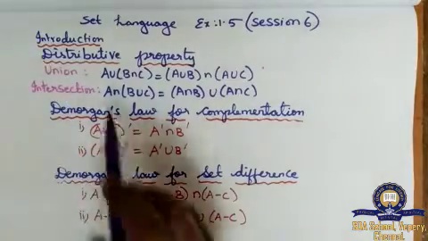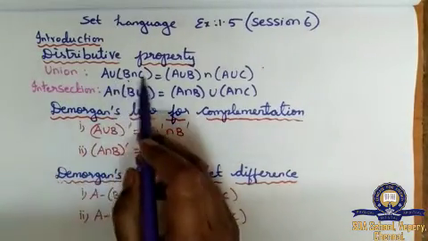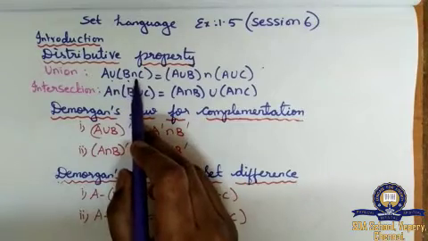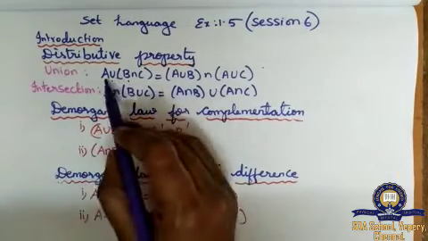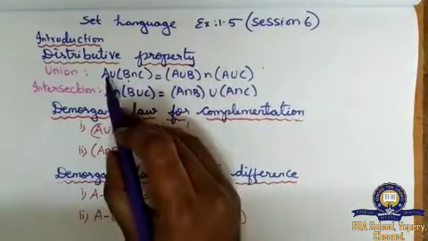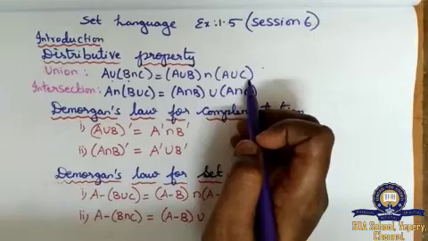In union, see A union B intersection. Here both the union set is there and the intersection is there. You have to combine and write A union B first, then the intersection symbol separately, then A union C. Clear?